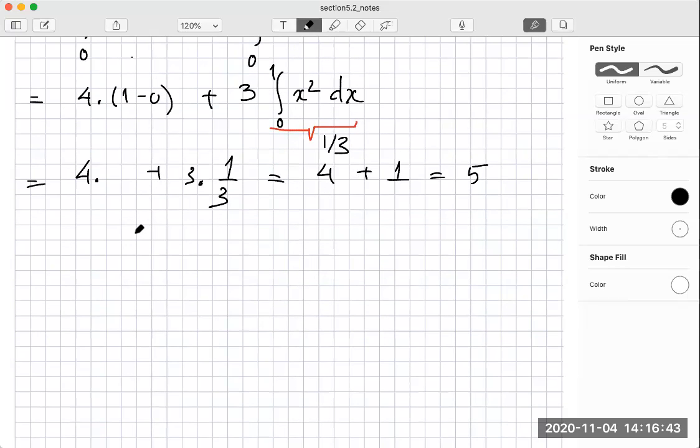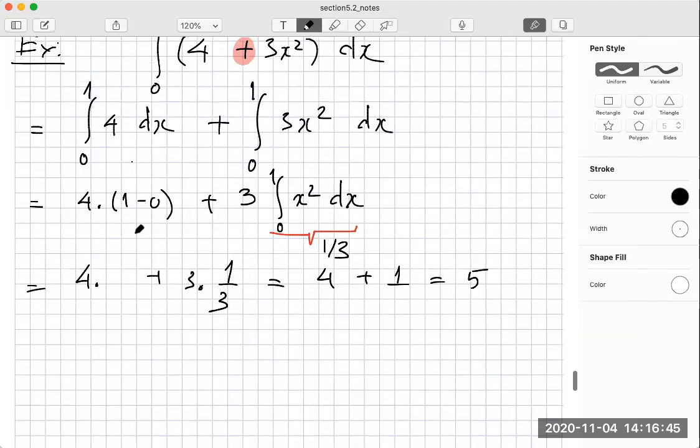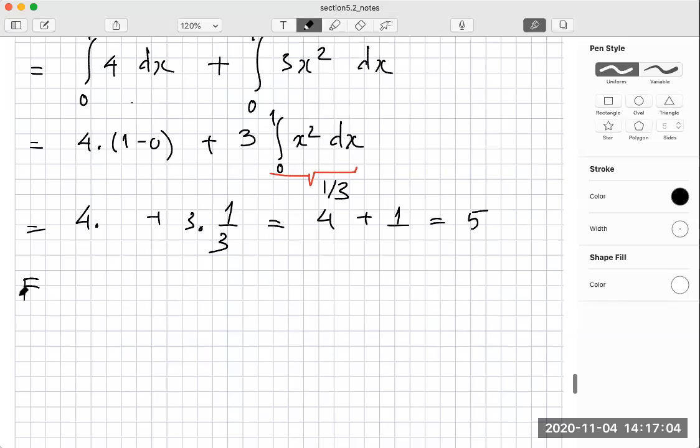Is it clear? Okay, let us do another example.